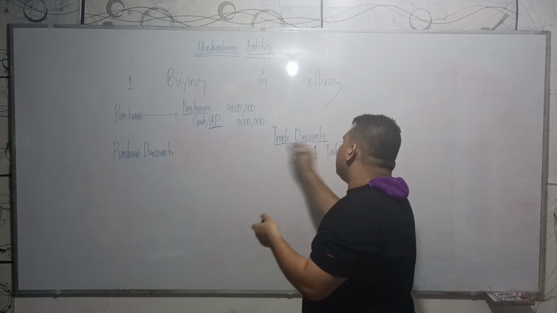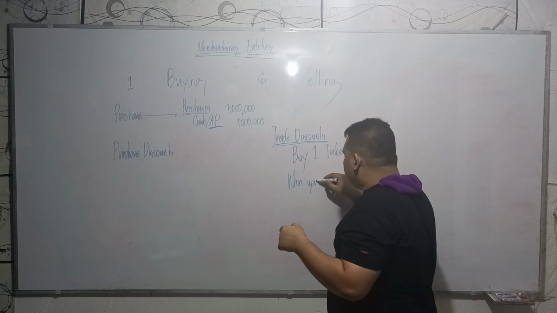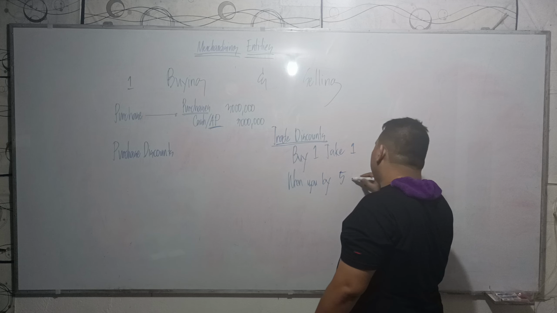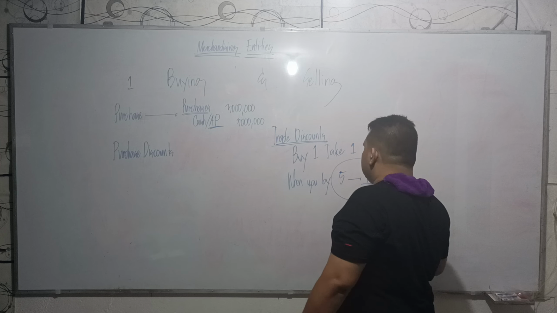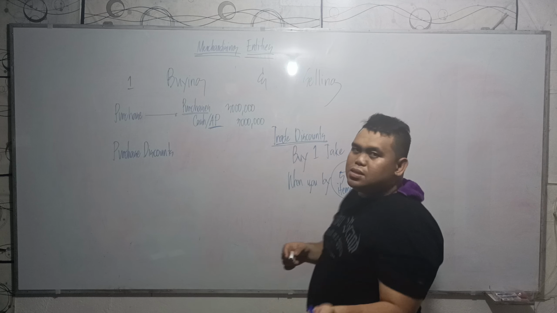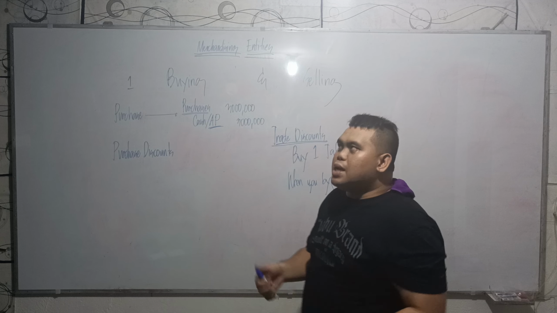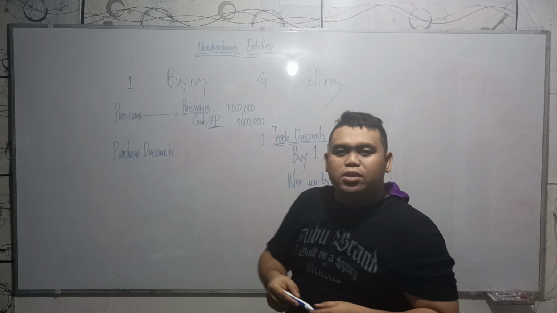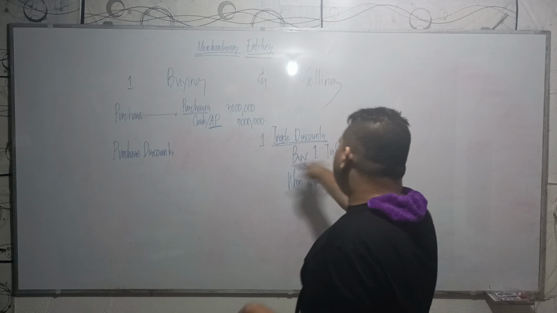But the trade discount is actually like this: when you buy five items, you get a discount of 10%. That is an example of a trade discount. Basically, this first type of discount encourages the customers to buy more instead of buying less. So that is trade discount.